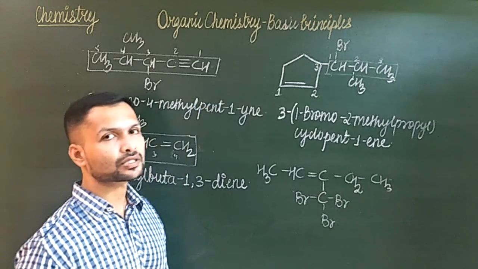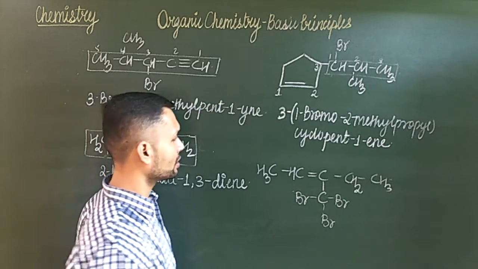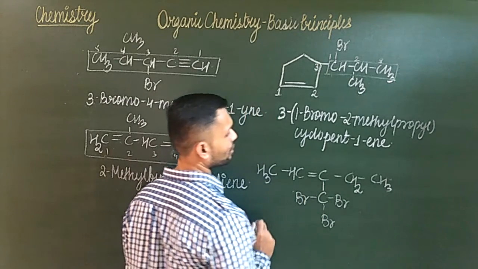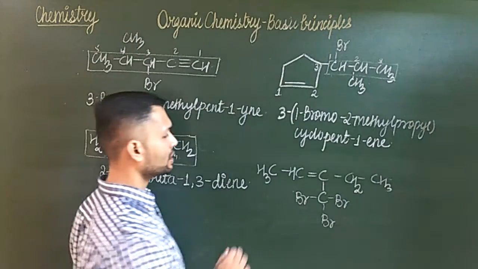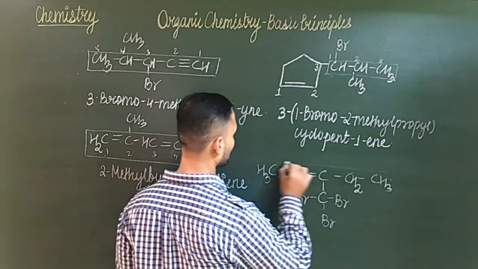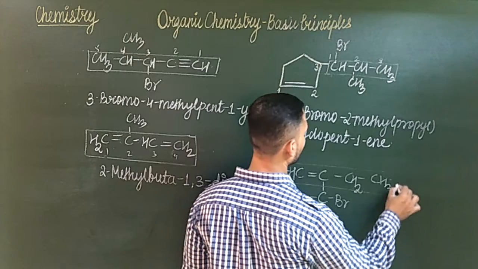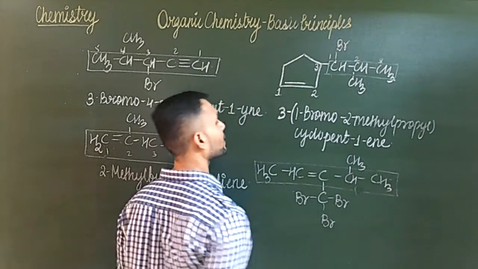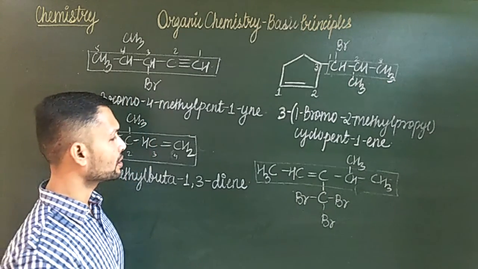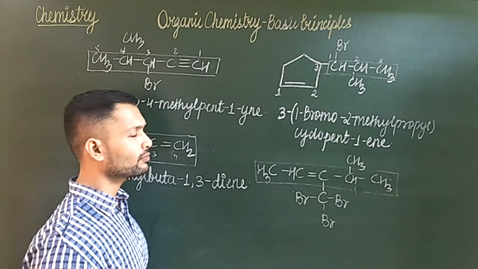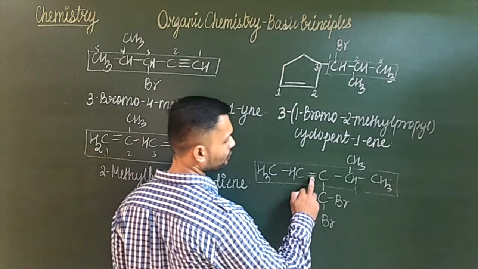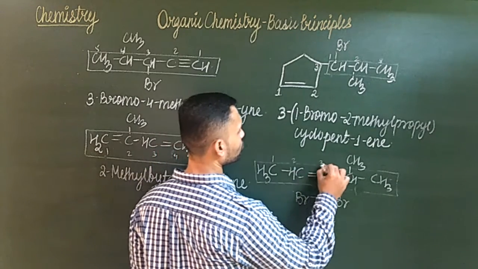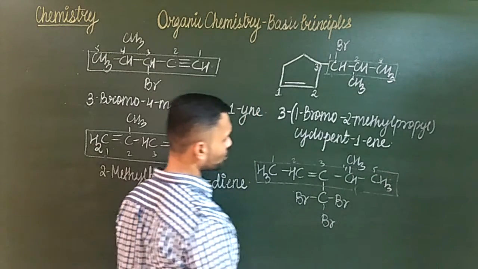Again, the first thing is you have to select the longest chain. If you see 1, 2, 3, 4, 5 and 1, 2, 3, 4, technically the longest chain is of 5. Add one over here also, suppose CH3. Suppose this is the chain. Now you have to number from that end so that the main functional group gets the least number. The main functional group is the double bond, and the substituents are already there, so 1, 2, 3, 4 and 5. So what should be the name?